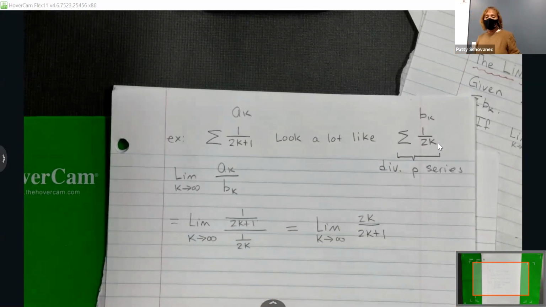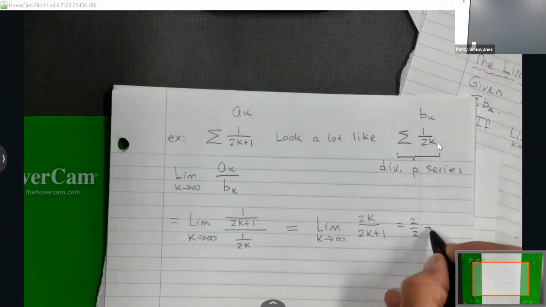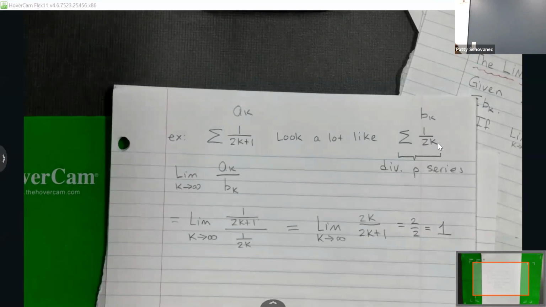And we're taking the limit of a polynomial over a polynomial, where the degree on top is exactly the same as the degree on the bottom. That limit can be done with L'Hopital's rule or by looking at the ratio of the coefficients. The ratio of the coefficients is 2 over 2. So my limit is just going to be 1. I got a positive finite limit.